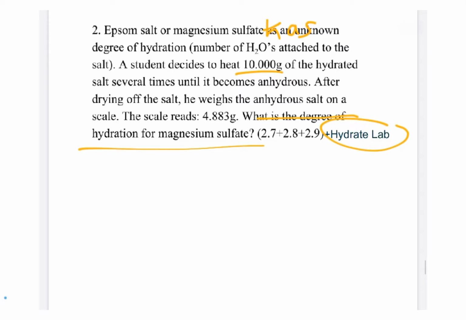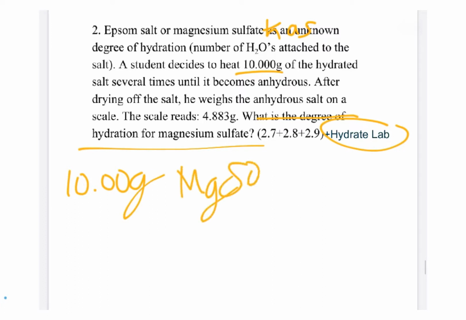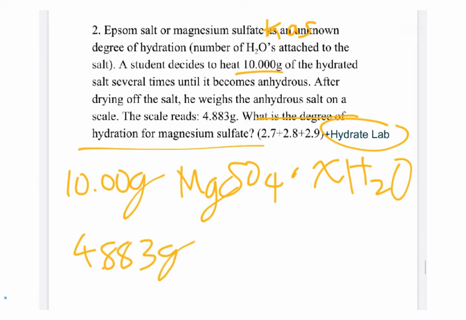So let's do this. So we have 10.00 grams of the hydrated form of magnesium sulfate. Magnesium is +2, sulfate is -2. So magnesium sulfate looks like that, and there's an unknown number of water molecules attached to the structure. And after the heating, 4.883 grams are left, and we're assuming that the leftover is the anhydrous form because after you heat it, all of the water is supposed to escape, theoretically.